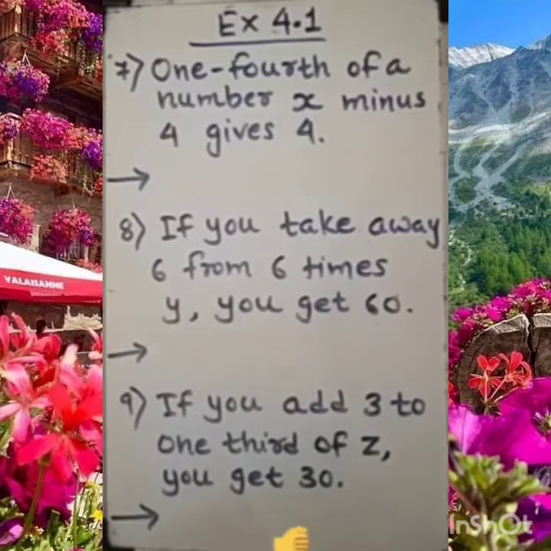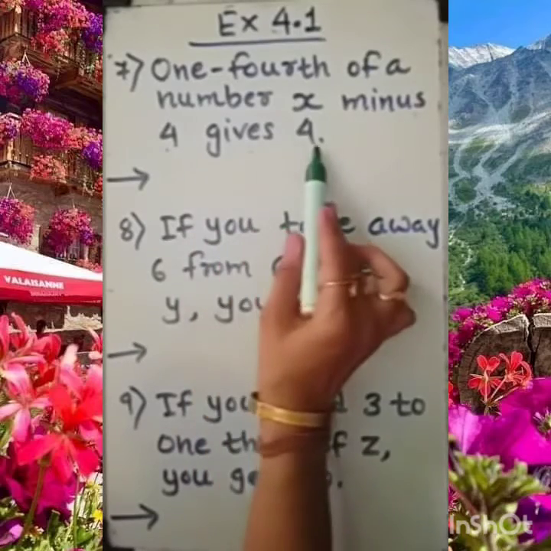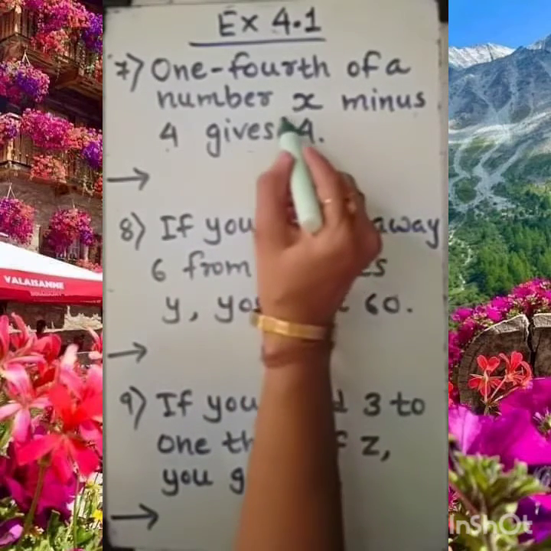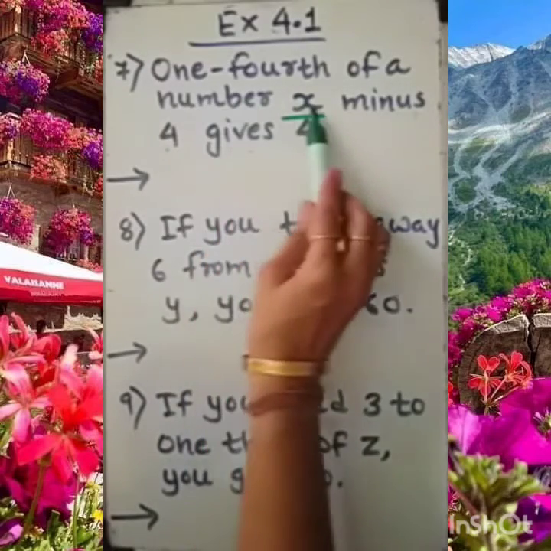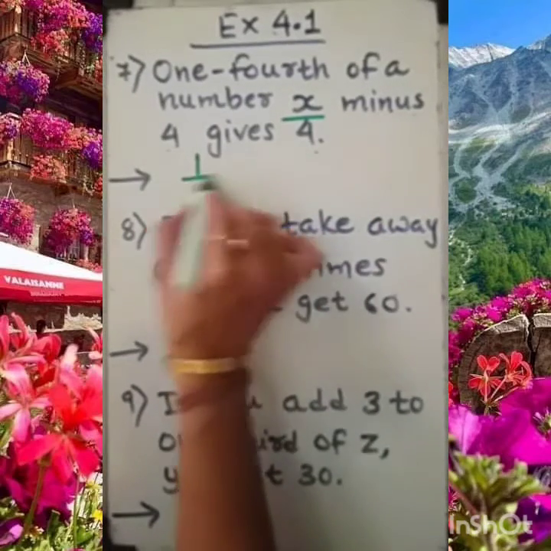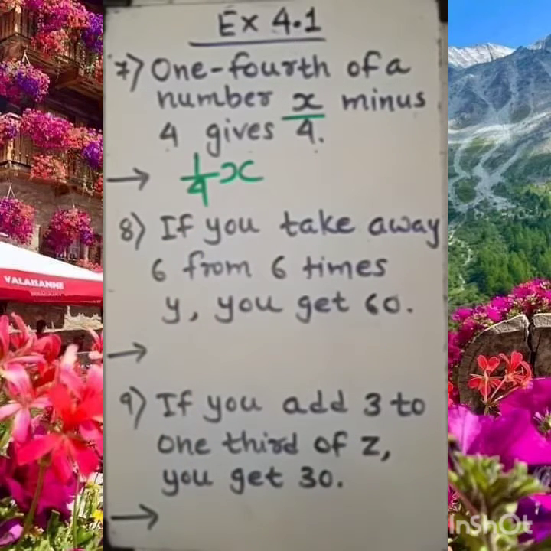So the seventh is on your screen here. 1/4 of a number x, minus 4, gives 4. Which variable is here? X. 1/4 of a number x means 1/4 x.